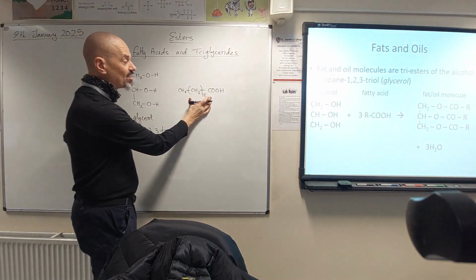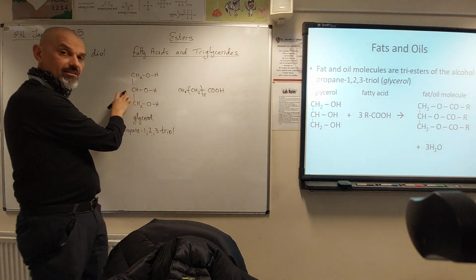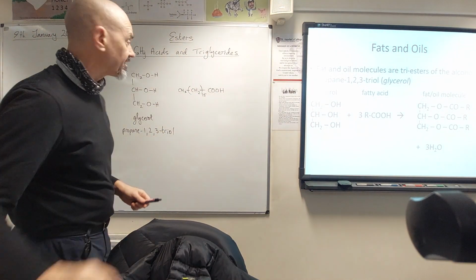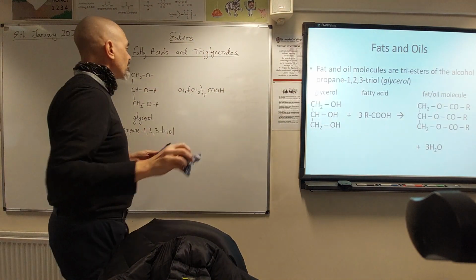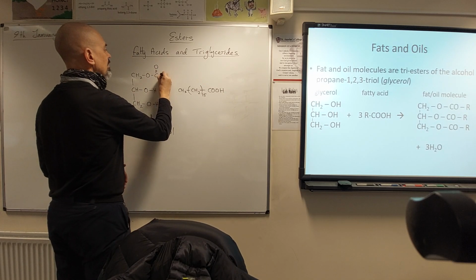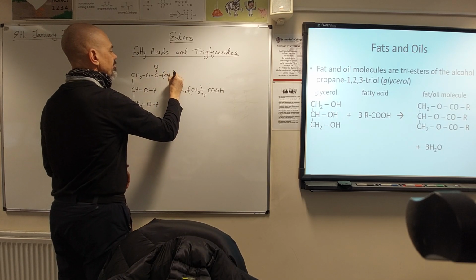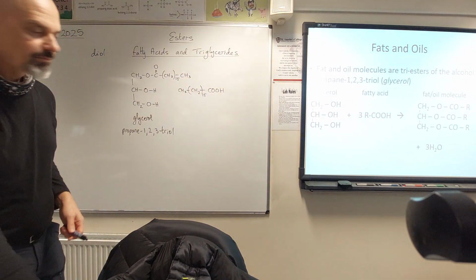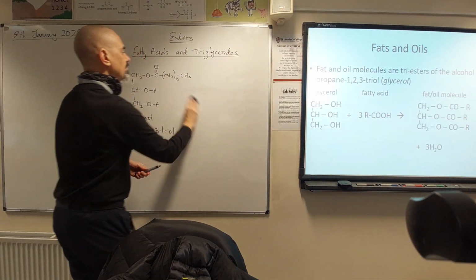And if I reacted that with my glycerol, well then the molecule has to kind of flip around, doesn't it? I would put that on here, so that would become CO, CH2, 15, CH3. Okay, does that make sense?